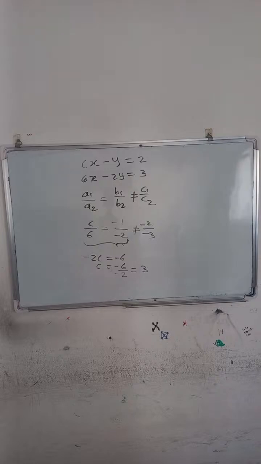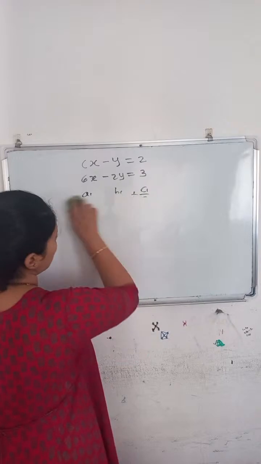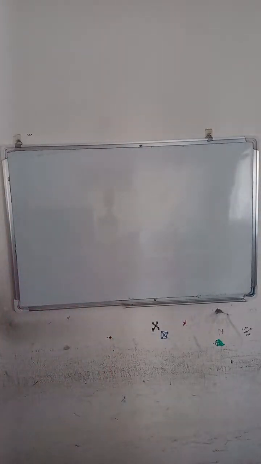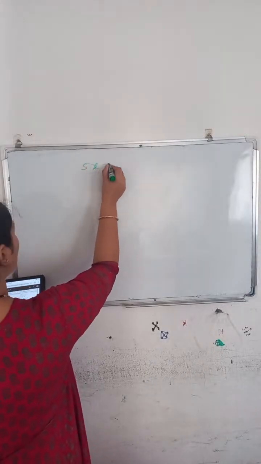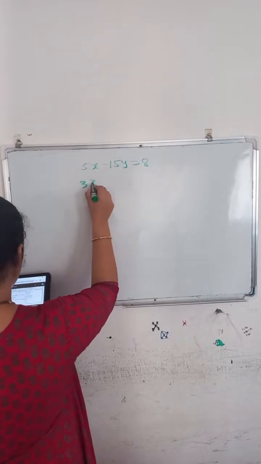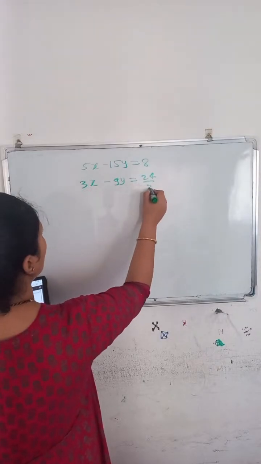Okay, so here we have to find out what type of lines these are. The equations are given very clearly, so write down the equations here: 5x minus 15y is equal to 8 and 3x minus 9y is equal to 24 by 3.